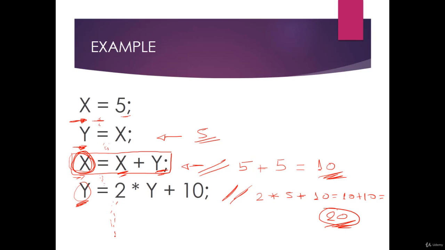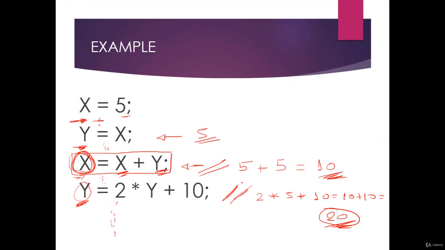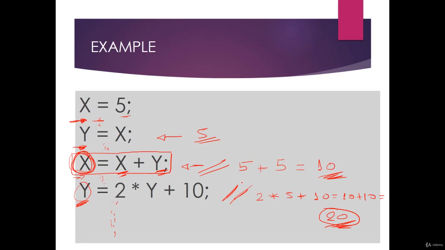So after this, if we reference the value of the variable y, it would be 20. I think that after this example you will understand totally what is the meaning of the variable.